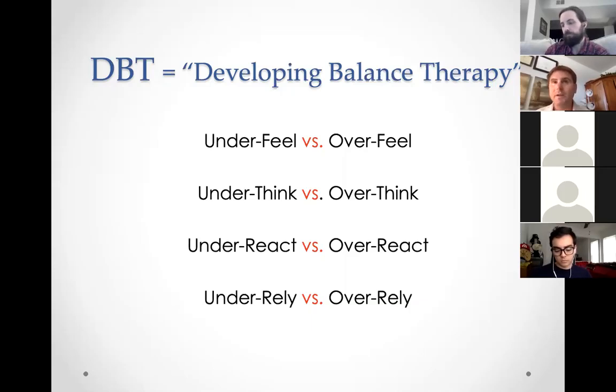Sometimes they completely overreact to something, and sometimes they're just paralyzed. They don't even react at all. Sometimes they are much too needy and clingy, dependent on other people. And sometimes they burn bridges that they can't afford to burn because they want to show everyone how independent they are, right? So once again, the wise mind knows how to find the right middle ground, the right balance. So that's why when I'm working with clients, I actually prefer to think of DBT as developing balanced therapy.